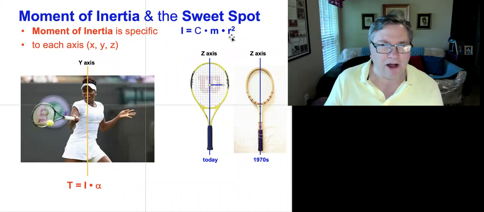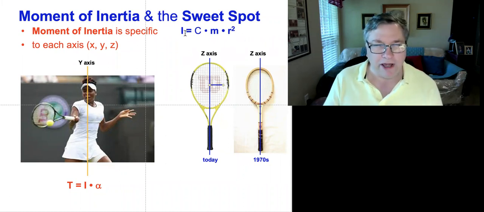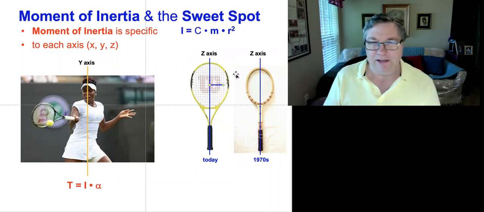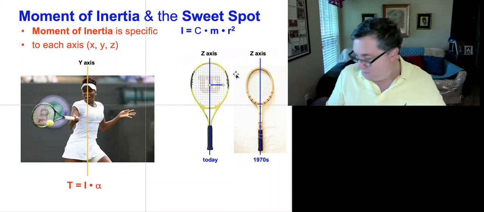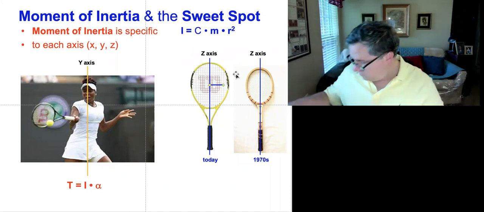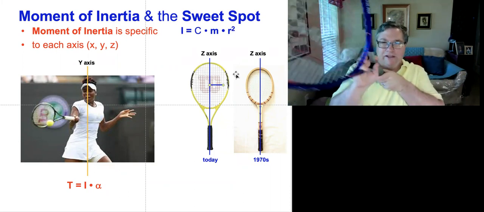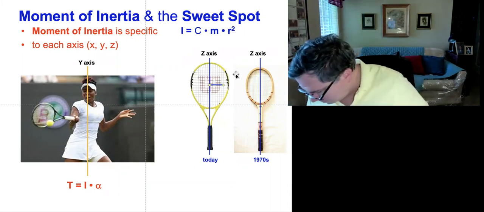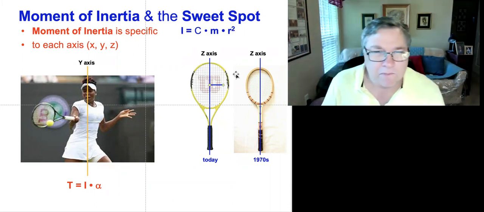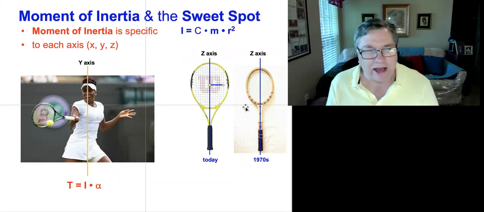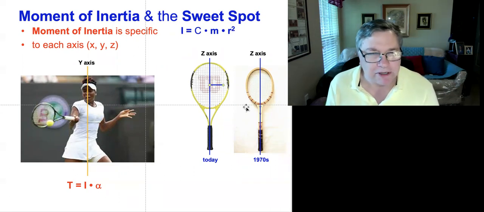Well, we have a higher radius of gyration that increases the moment of inertia. Now, this is technically in 2 dimensions because we're around in the z-axis. So if you want to think about the racket itself as being in a plane that includes the z-axis, then that makes some sense.